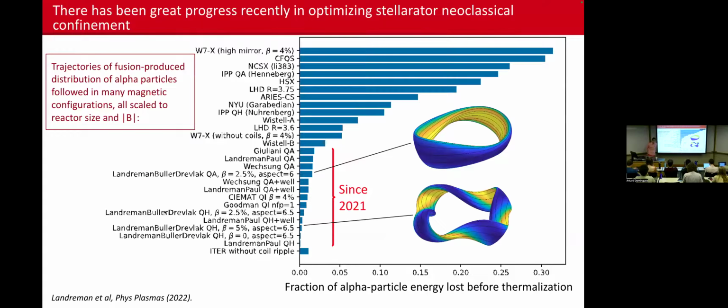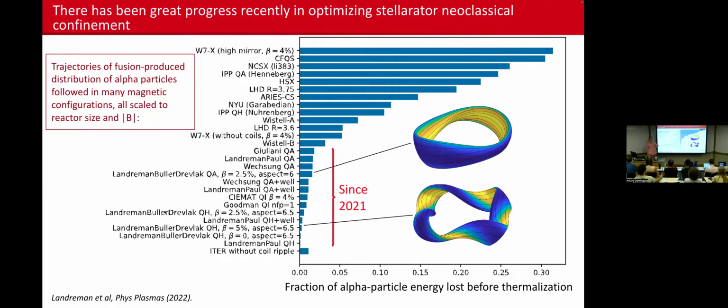Okay, and this is just to say we've gotten really good at this. So since 2021, I should explain this for a second. One way you can directly measure how good your confinement is in a stellarator is you take your optimized boundary and you literally just do Monte Carlo and spawn some fusion particles in your device and look at how long those fusion particles stay in the device.